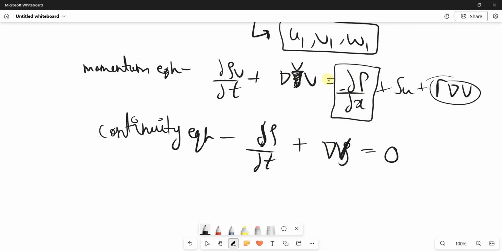Why? Because the factor that is controlling the velocities here is pressure. So you change pressure such that your velocities are modified, and then you keep iterating it into the continuity equation such that this equation is finally satisfied. This is why we call it pressure velocity coupling.